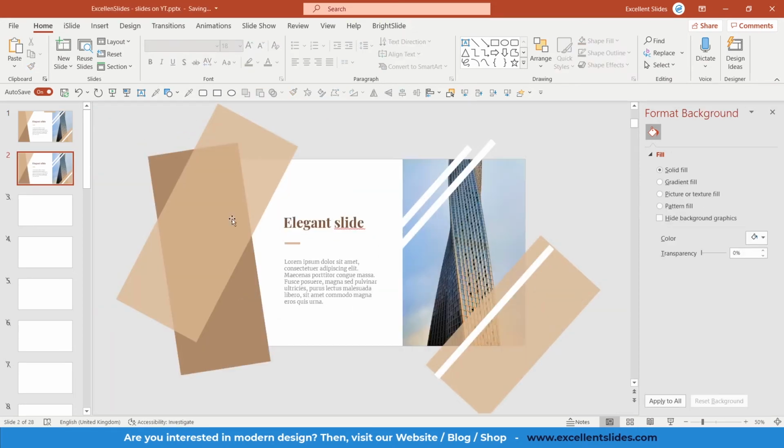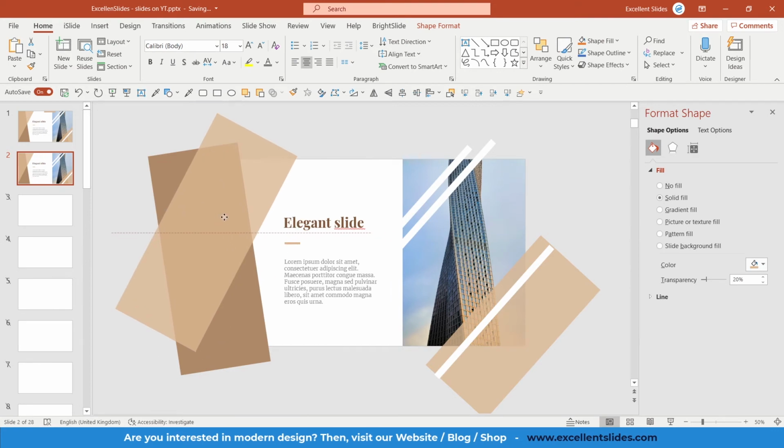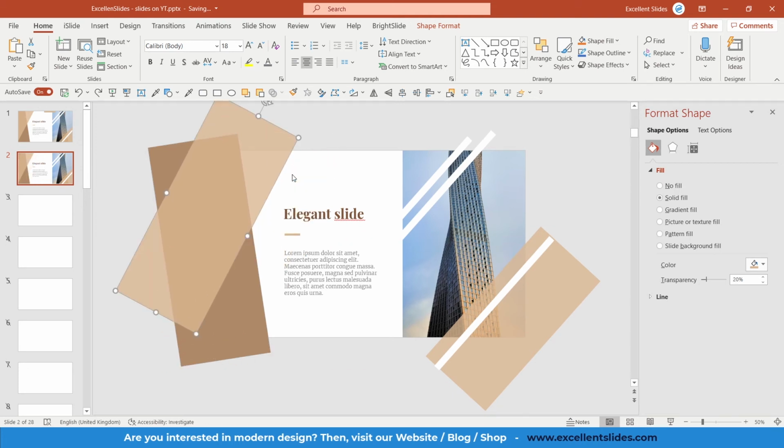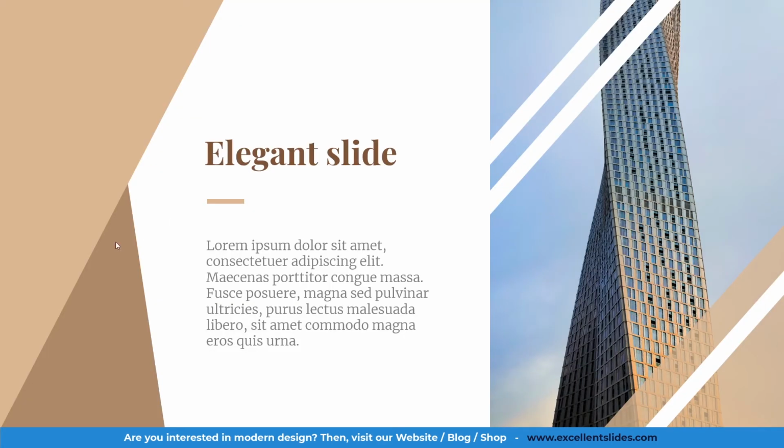Yeah, so as you can see, now we have these two rectangles. This one is at the bottom and transparency is set to 0%. And this rectangle is also a different color, but transparency is set to 20. Because if I set this transparency to 0, as you can see here, this is a dark brown and here a light brown.